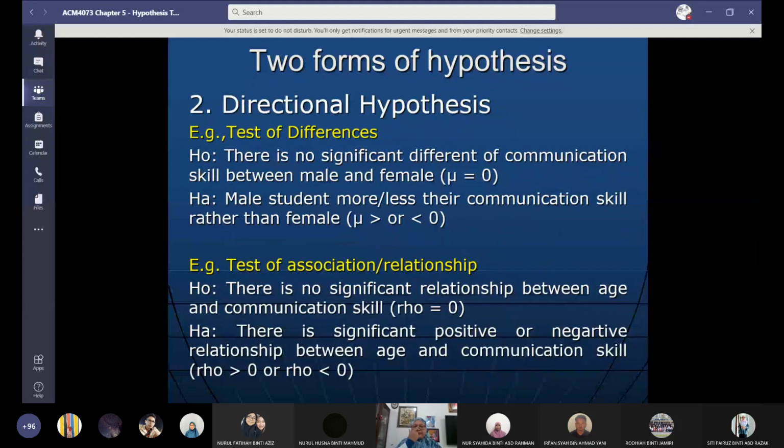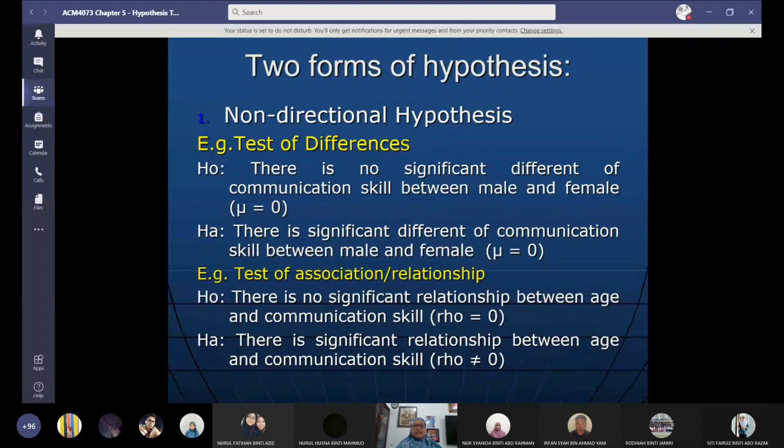How about directional? Significant differences in terms of differences only. We just highlight that there is differences, but we do not go into specific.